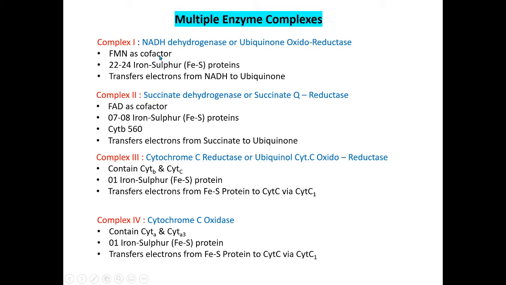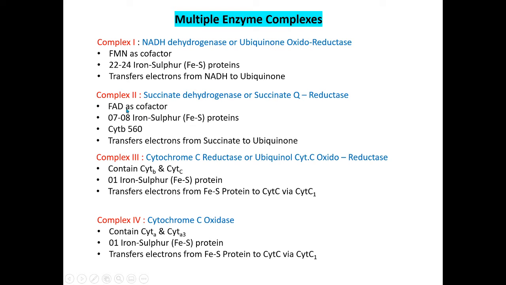It has FMN as cofactor. It has 22 to 24 iron sulfur proteins in 5 to 7 clusters, and this complex helps to transfer electrons from NADH to ubiquinone. Then complex 2. This is known as succinate dehydrogenase, or succinate quinone reductase.